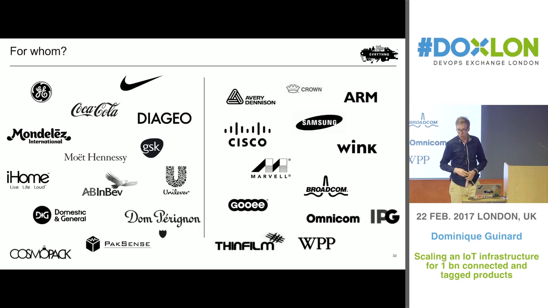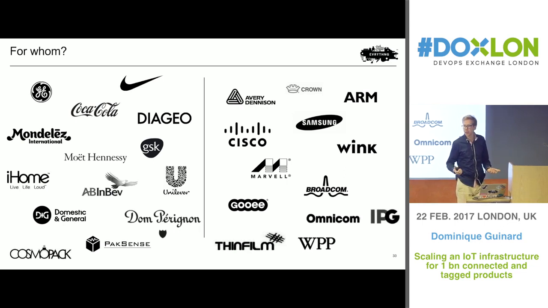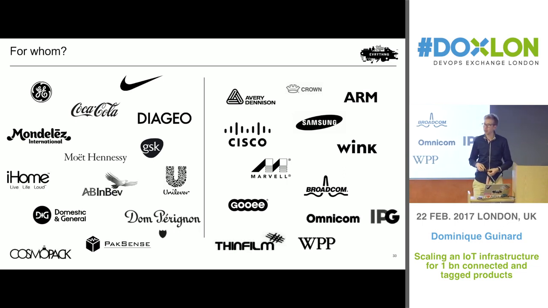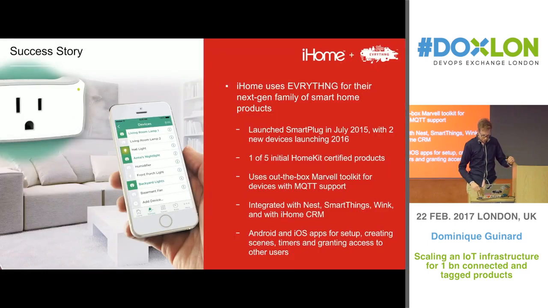Talking a little bit about how we apply that at Everything. We work with a number of big customers. You can find them here. Basically, we become their IoT platform whenever they want to digitize and connect their products. Let me not go through the architecture because I'm short on time.